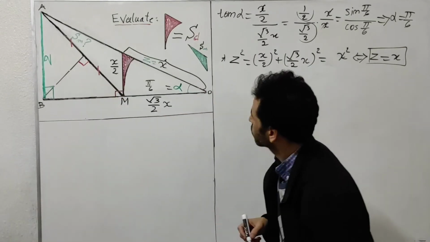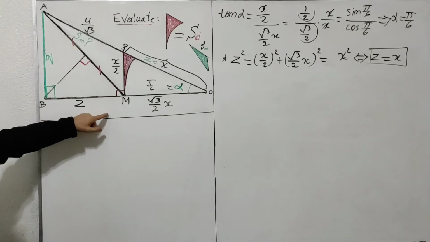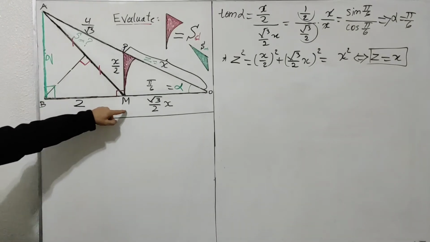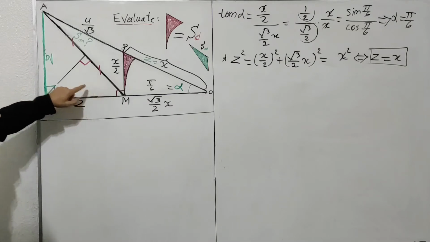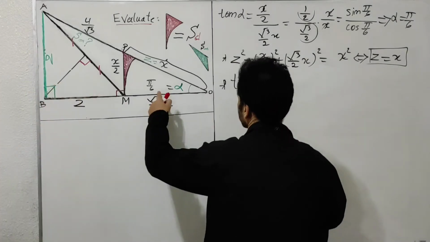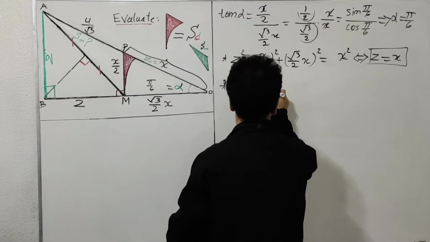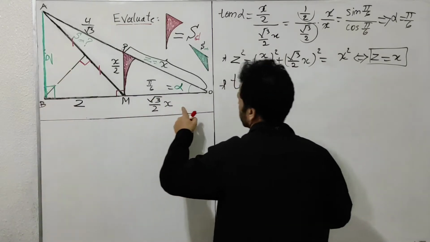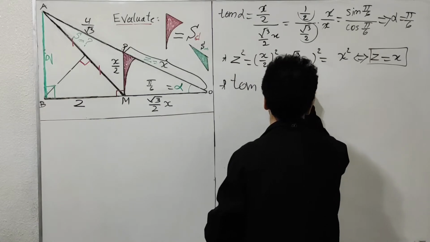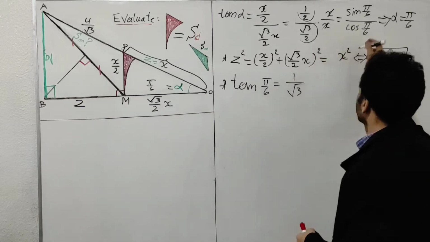The next thing that I'm going to do, the best way to calculate x, is to apply the tangent alpha on this big triangle. So tangent pi over 6, or tangent alpha, is the same thing, equal to opposite over adjacent, equal to 1 over square root of 3 as we found before.